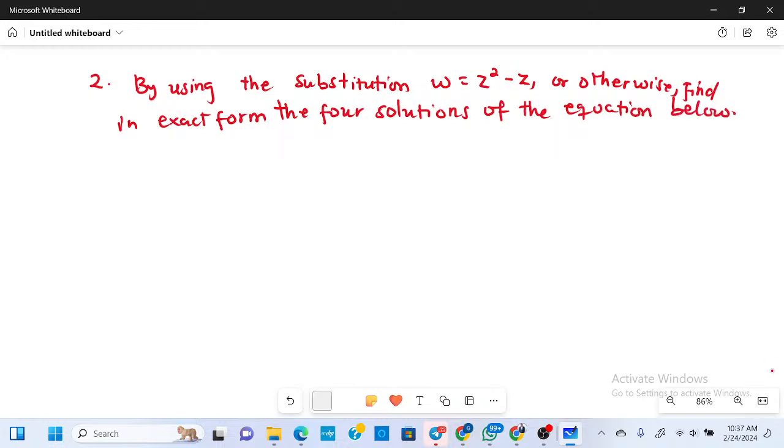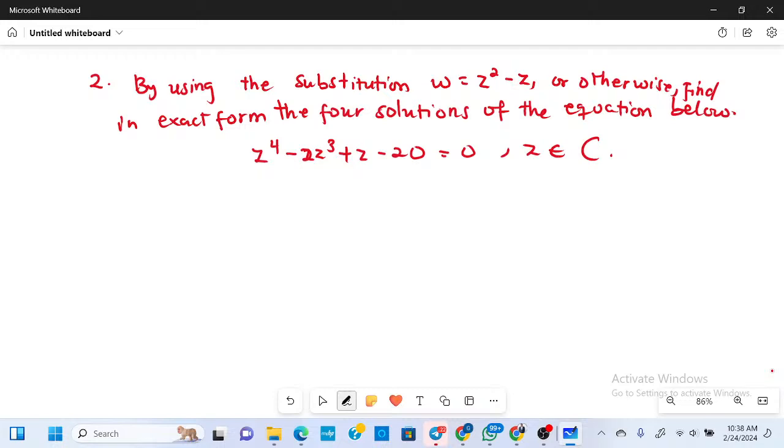So the equation is given as Z to the power 4 minus 2Z cubed plus Z minus 20 is equal to 0, where Z is a member of the complex numbers. So simply, let's go through the question. The second question is saying, by using the substitution W is equal to Z squared minus Z, or otherwise, meaning you can use your own substitution.